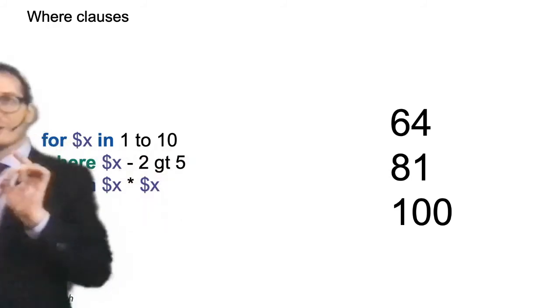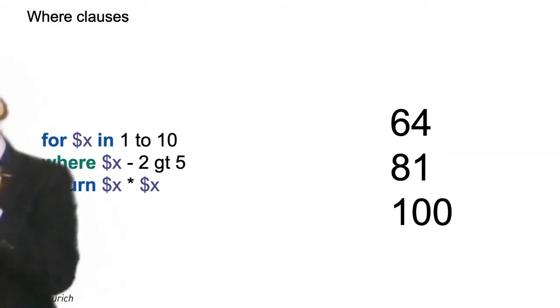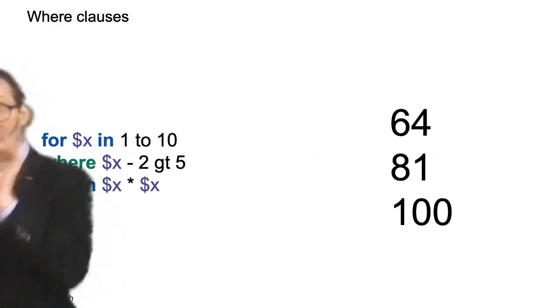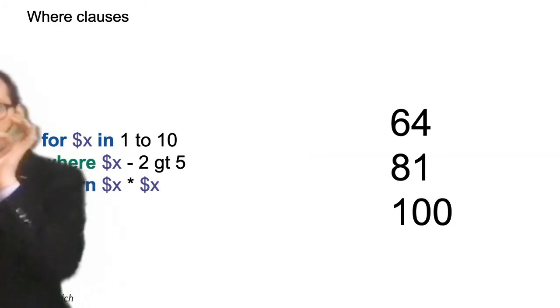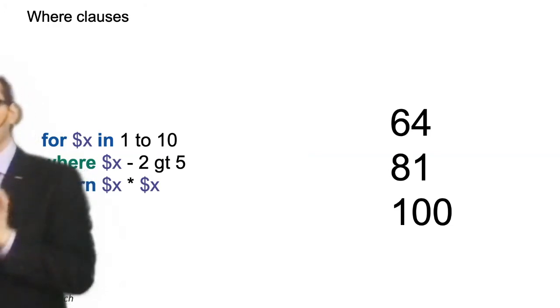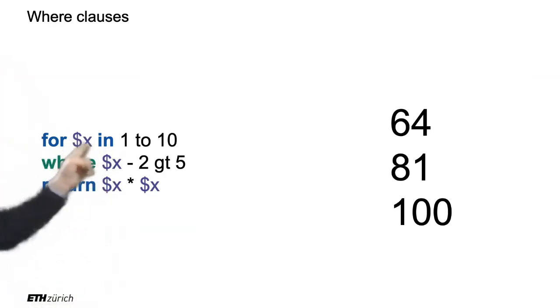Think of it as, let's call it the static type of $x, or the dynamic type, if you want, it doesn't matter. The type of $x is that it's one item. In that case, you could even say $x is an integer, right? I'll tell you more about types.